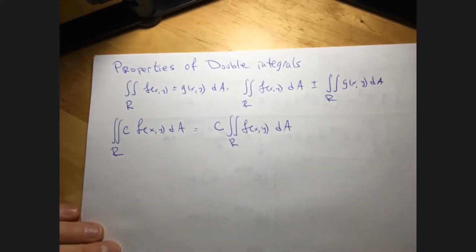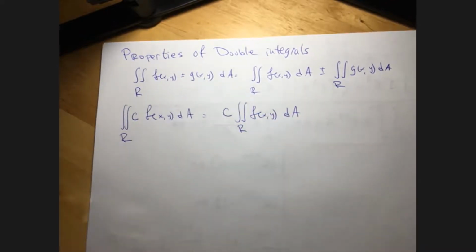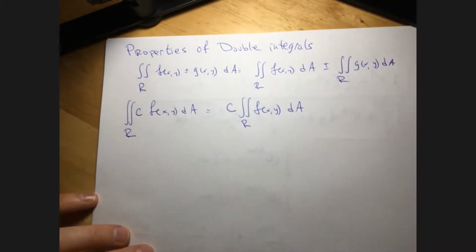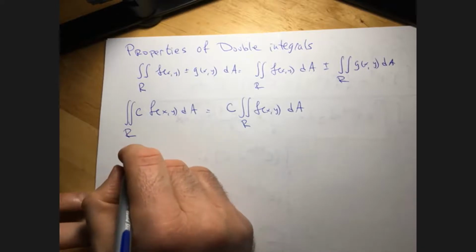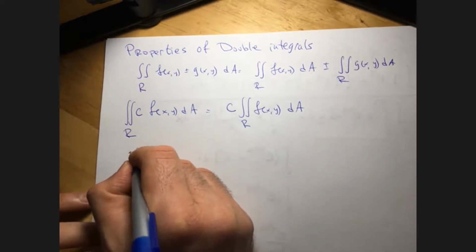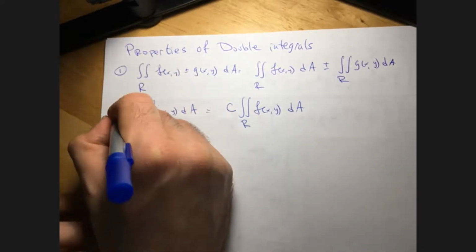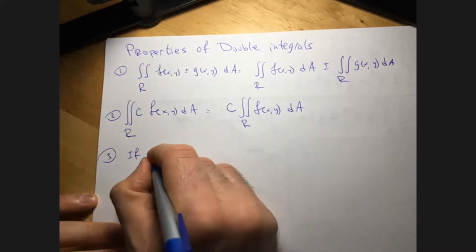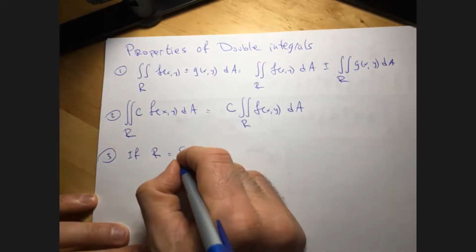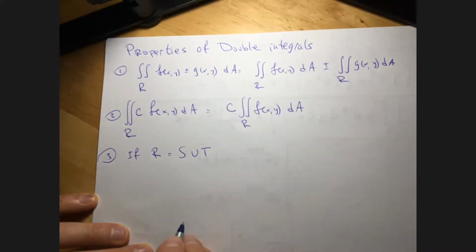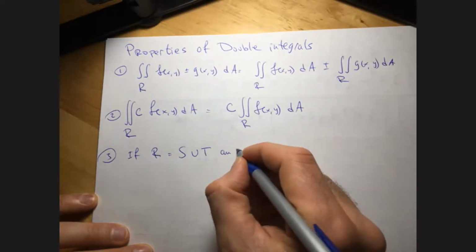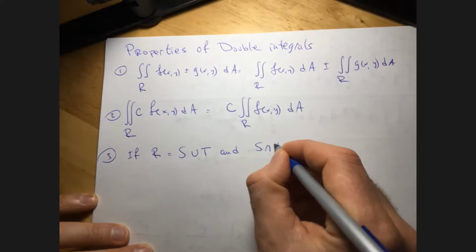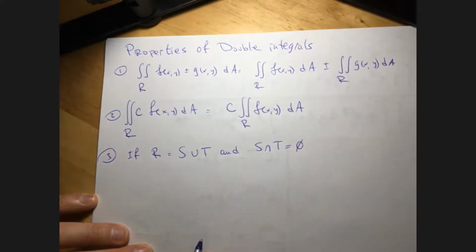Okay, standard properties. If R, so this is 1, 2, 3, if R is a union of two regions, where these regions don't intersect, right?